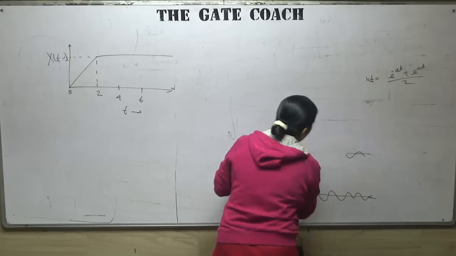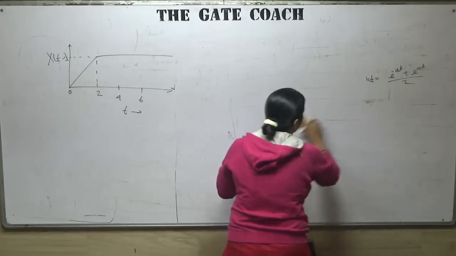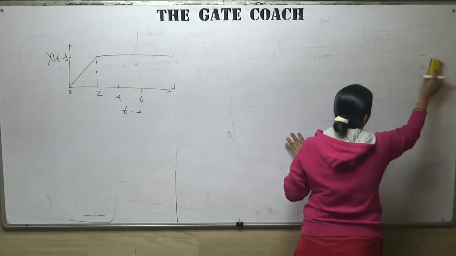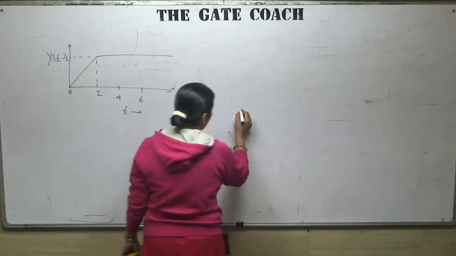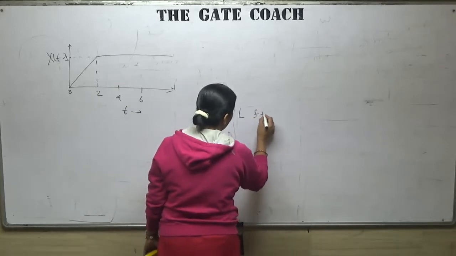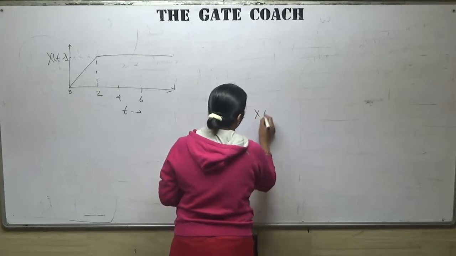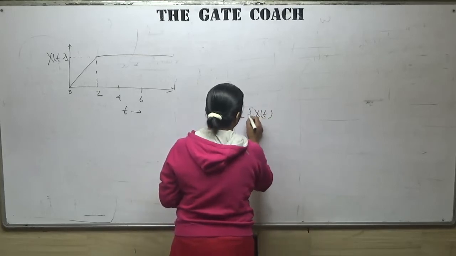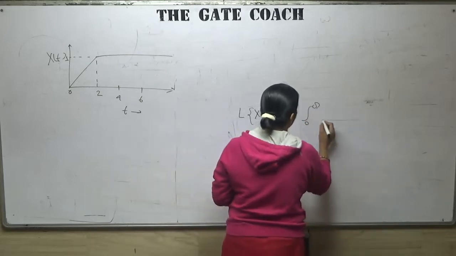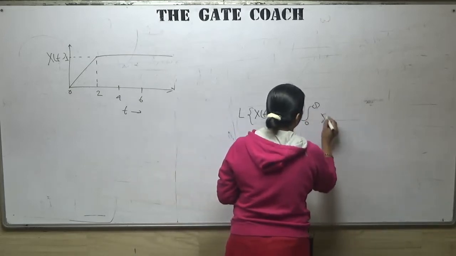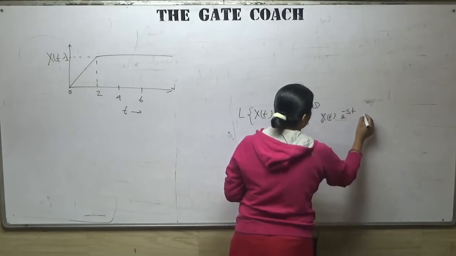To calculate the Laplace transform of any given function, where should you start? You know what the Laplace transform is. The Laplace transform of any function f of t, here we are talking about x of t, is represented by the integration from 0 to infinity of x of t into e to the power minus st into dt.